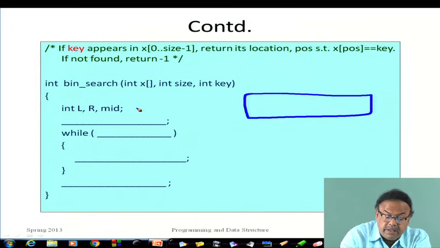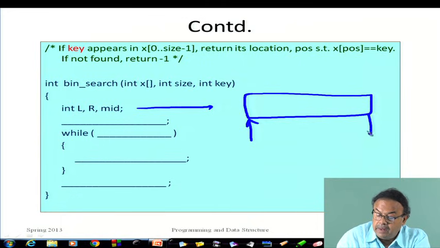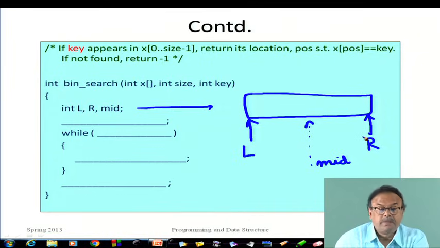I declare internally L and R, and I have to use another index called mid. Now, this has no meaning outside this function.